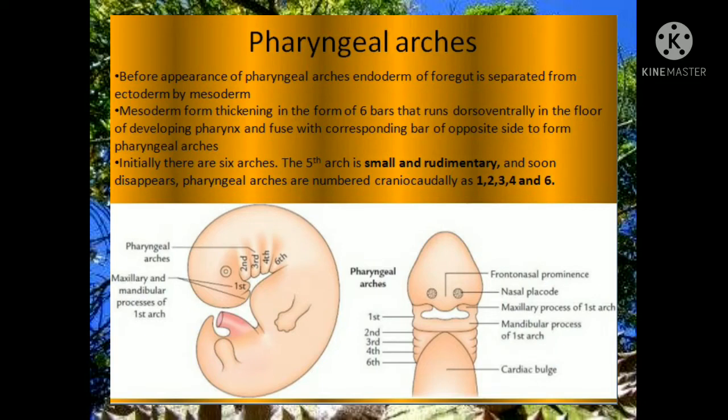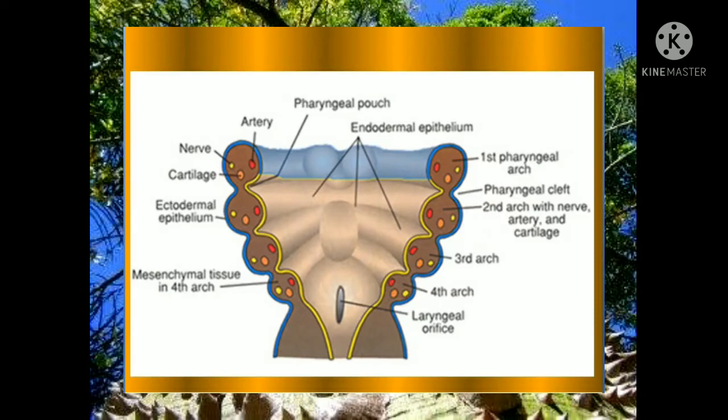The pharyngeal arches are six curved mesodermal thickenings, with each arch having an ectodermal covering and an endodermal lining containing a mesodermal core. These provide support to the ventral and lateral walls of the primitive pharynx.